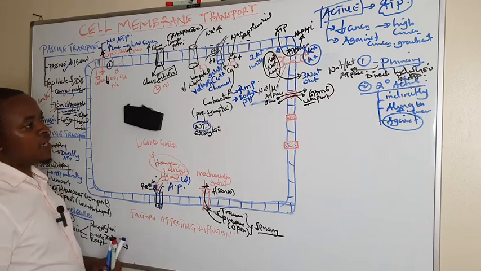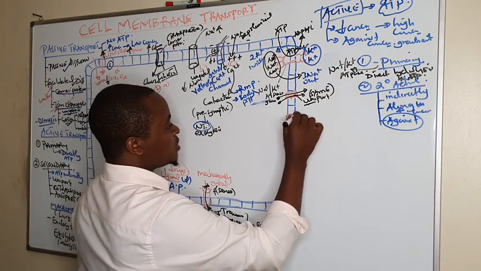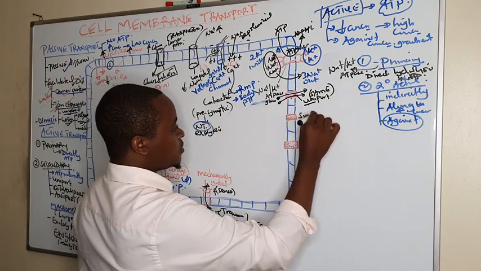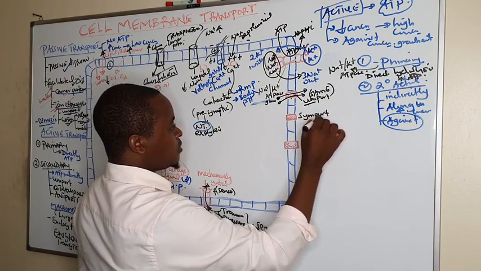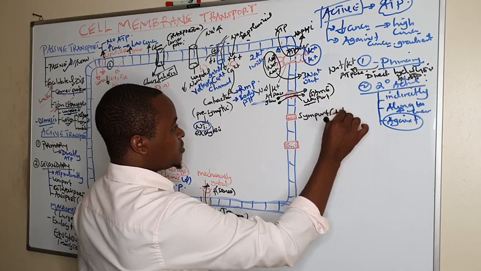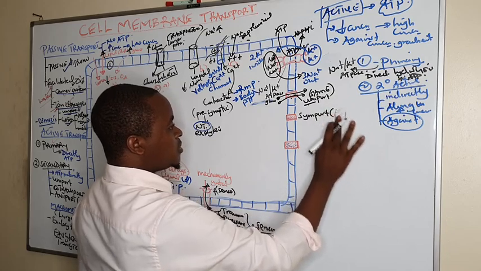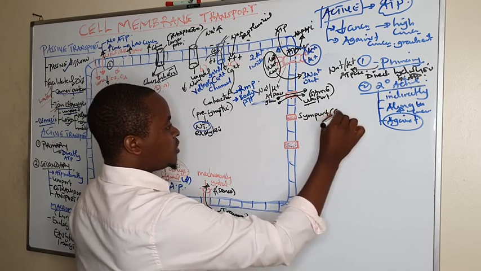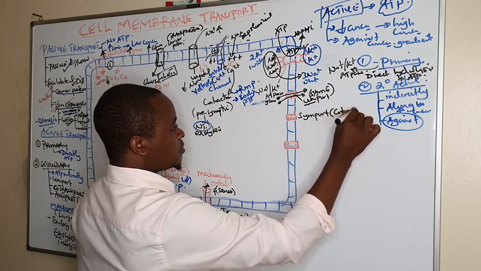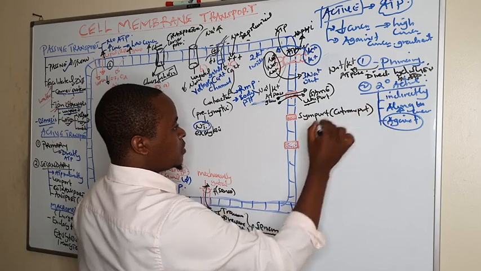That is one of the secondary active, whereby one is moving along the concentration gradient, the second one is moving against. Then another type is what we call symport, or you can call it co-transport.